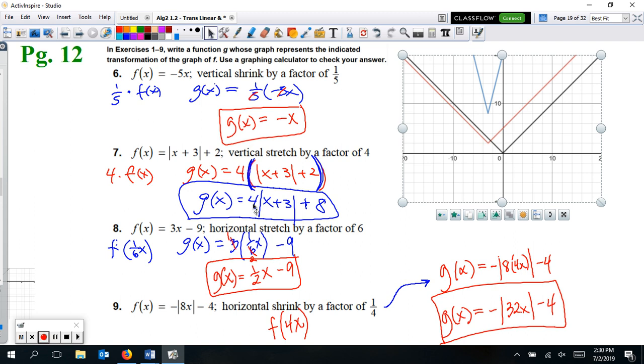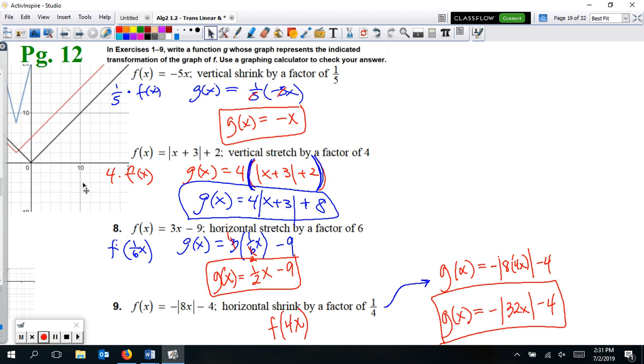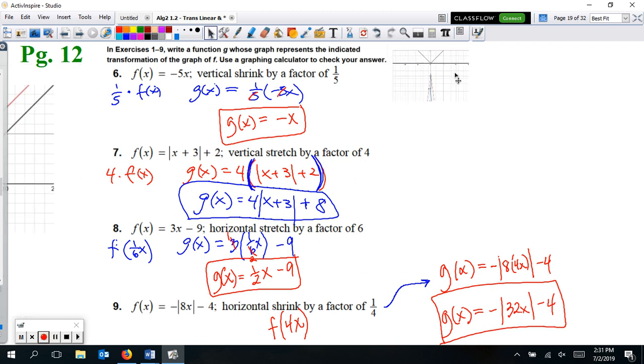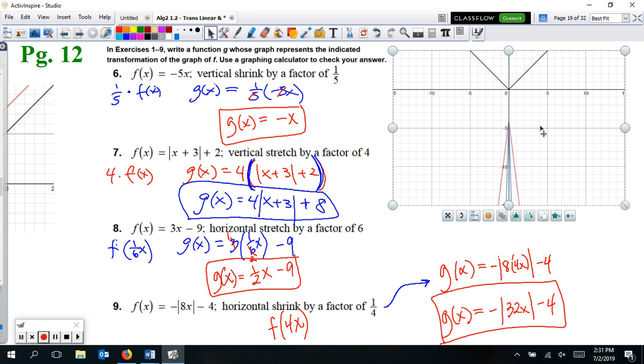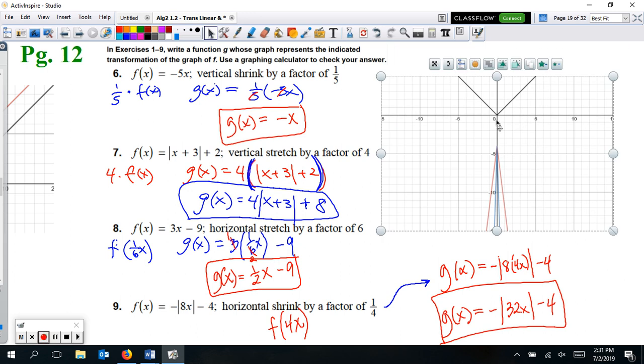When you have a number in front of the absolute value symbols, or a number in front of the x in the absolute value symbol, that's the same thing as here. So let's take a look at maybe this one real quick. This one's got your parent function up here, and then the red one is the original function here. It already had a number in front of x, which changed it.